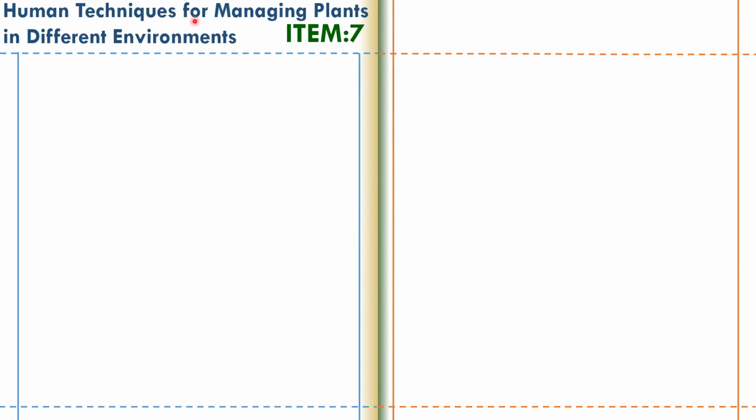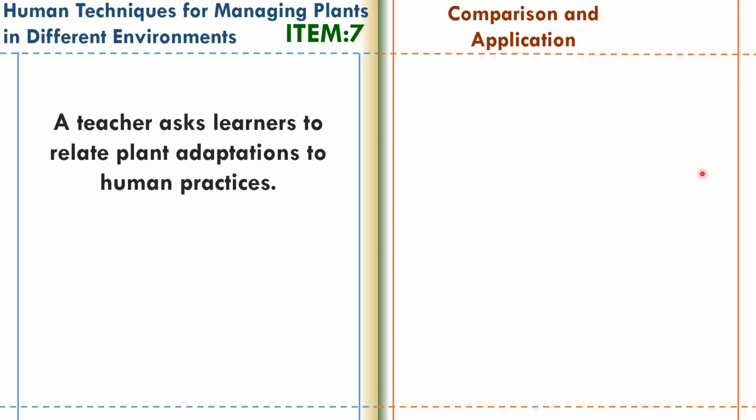Human techniques for managing plants in different environments. Item 7. Comparison and application. A teacher asks learners to relate plant adaptation to human practices.